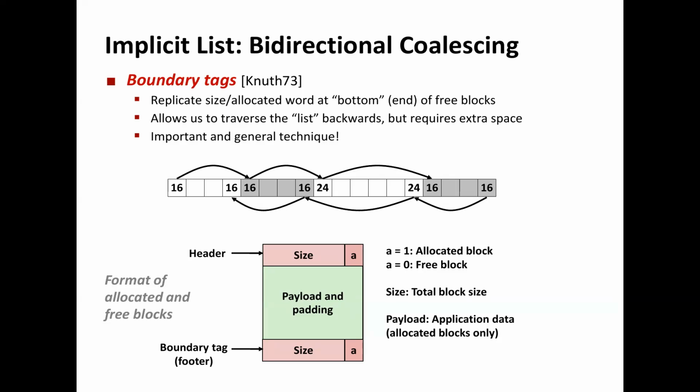So how will we traverse backwards? Well, now I know that just before the header, I have a footer for the previous block. So in that way, I know the size of the previous block. And I also know whether it's allocated or free because I also replicate that bit as well. So in case I find that it's a free block, I can also coalesce with the previous block.